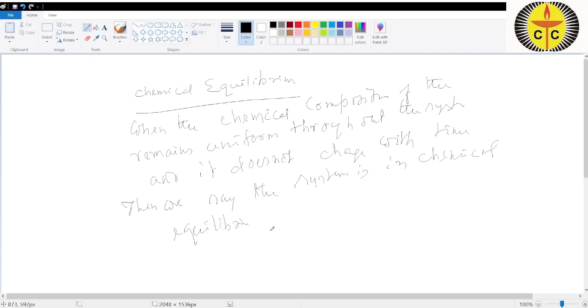Another situation, what is non-equilibrium? Non-equilibrium system.